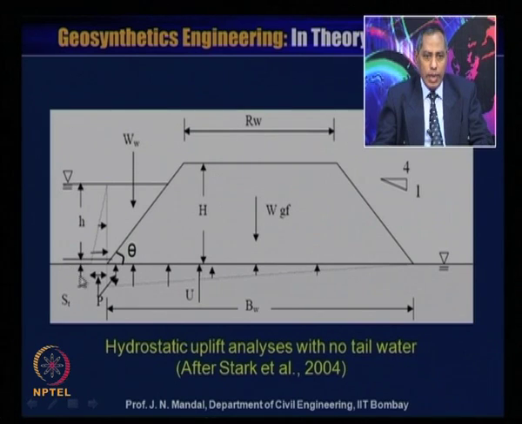Here St is the total settlement, and the small h is the vertical height of the accumulated water to the bottom of the embankment. Also you can see the water pressure acting, which may act as one third of this base, so we do not need that here. This angle is theta, and H is the height of the embankment.